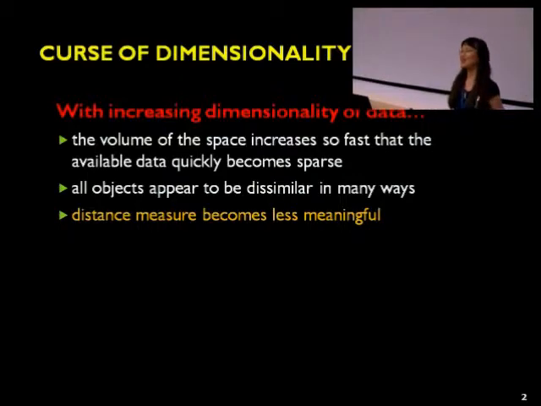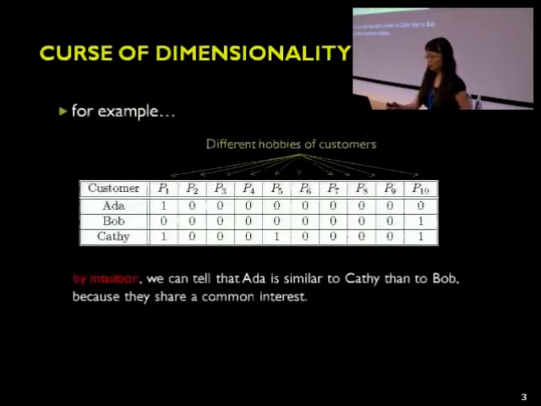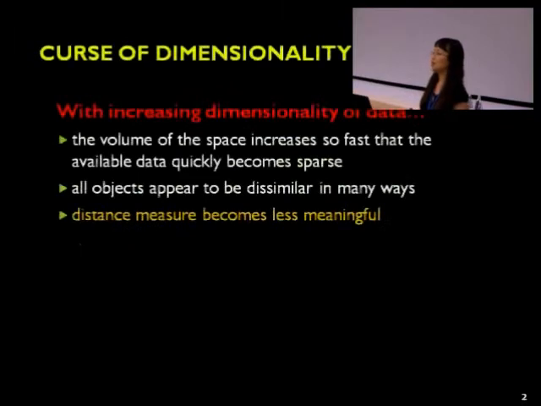Okay. So basically, with increasing dimensionality of data, the analysis becomes more and more difficult due to many reasons. One of the main reasons is the distance measure becomes less and less meaningful in high dimensions. This is also related to the problem Ross mentioned yesterday about the sparsity of data.